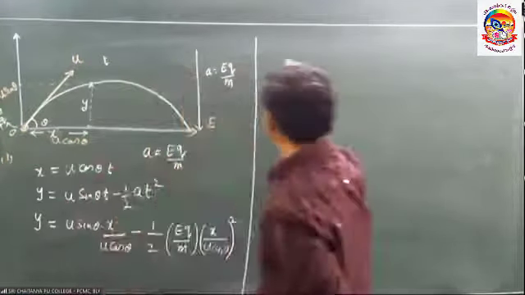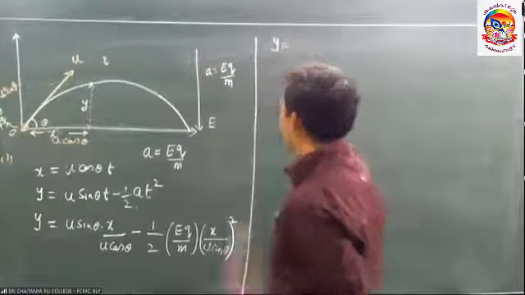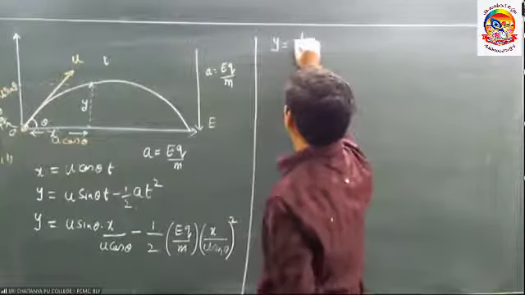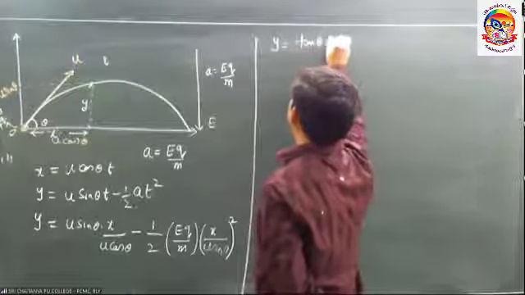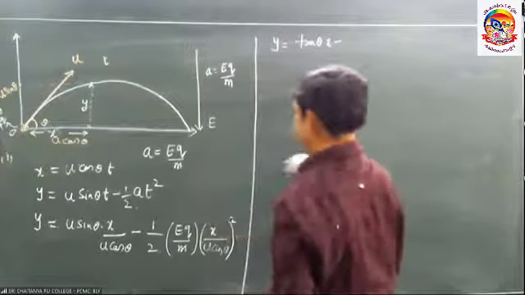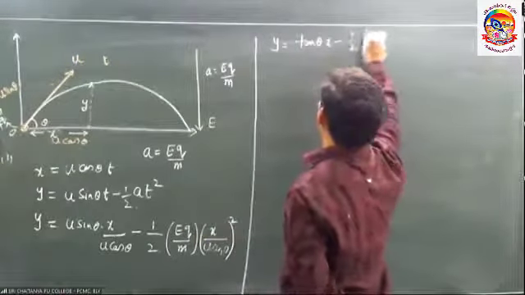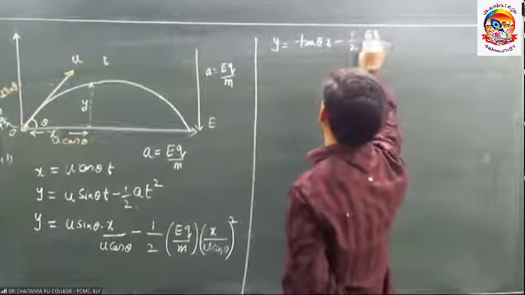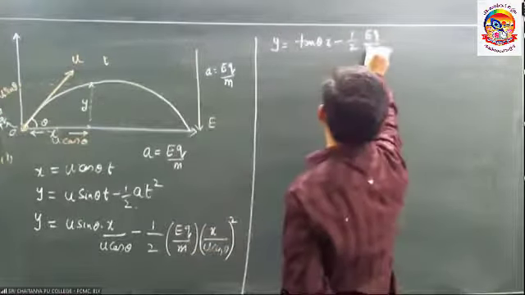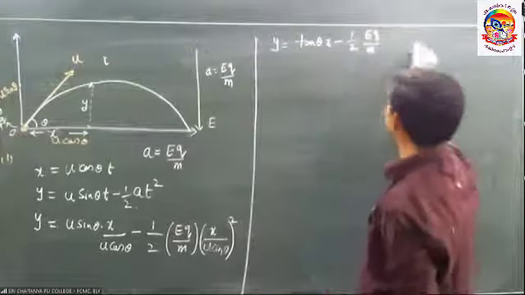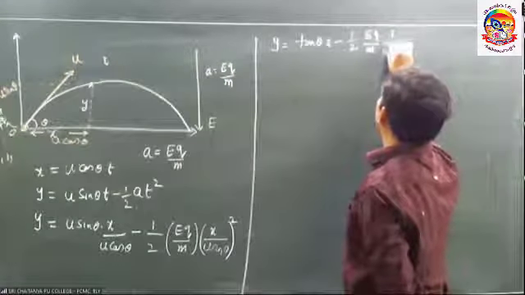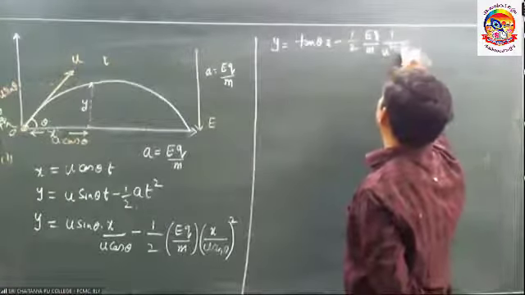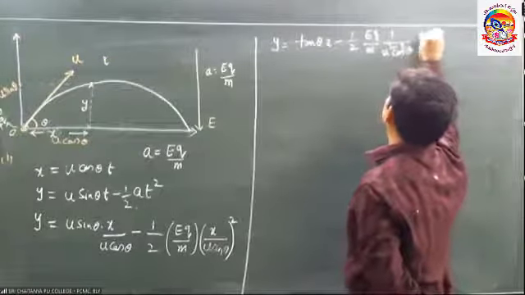Come on, what comes out? y is equal to tan theta x minus half eq by m u square cos square theta into x square.